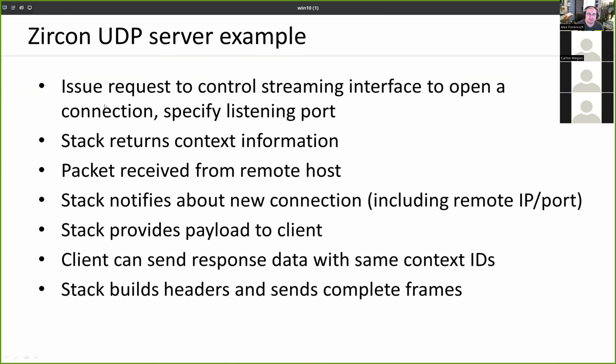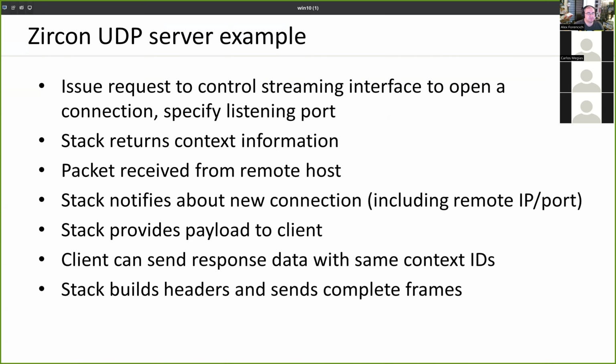With the server, what you would do is issue a request to the stack from the client logic to start listening on a port. The stack would then return the context information about what ID is associated with that. Then when a packet comes in from the remote host, the stack will set up that connection state internally and provide the payload to the client, along with the connection ID information. And then the client can very easily just turn that data around.